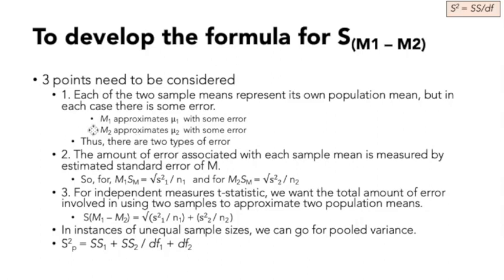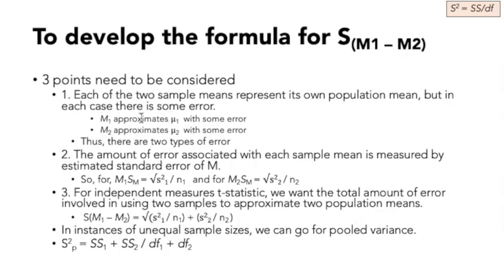So therefore, M1, which is your first group, approximates mu1, because you have one group that represents a specific population. So the mean of this group tries to approximate the mean of the population that it represents.